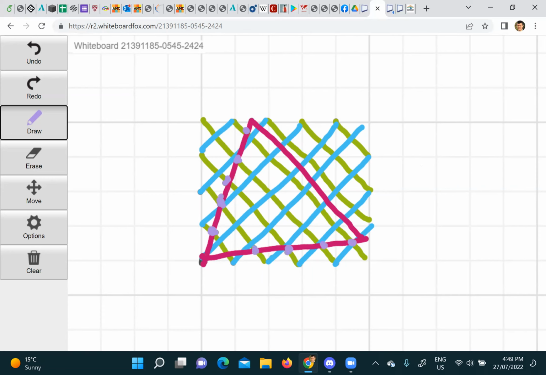The answer is 14. That's the formula: you count the number of green lines and the number of blue lines and minus 2. Isn't it 14? Wait, we might minus more than 2, hold on.